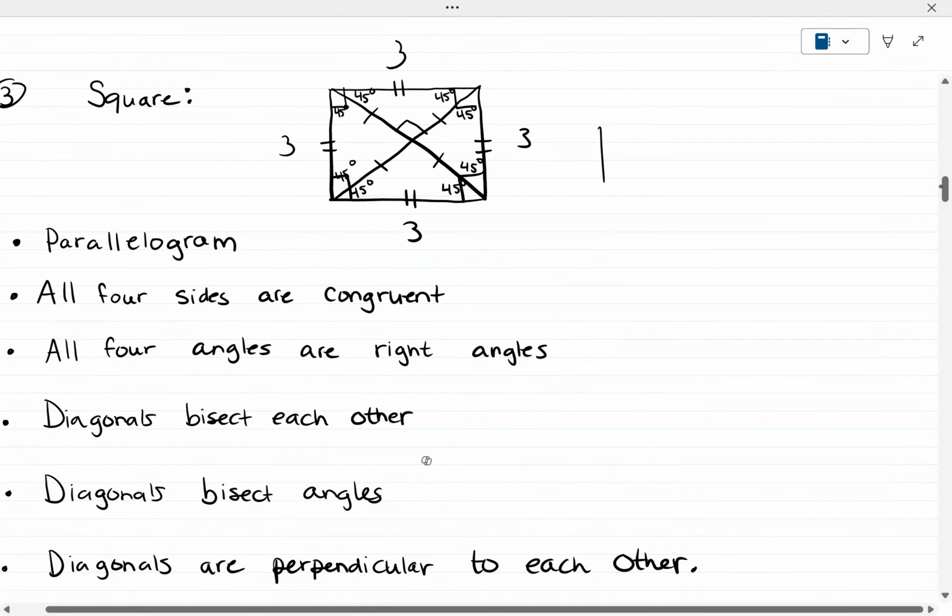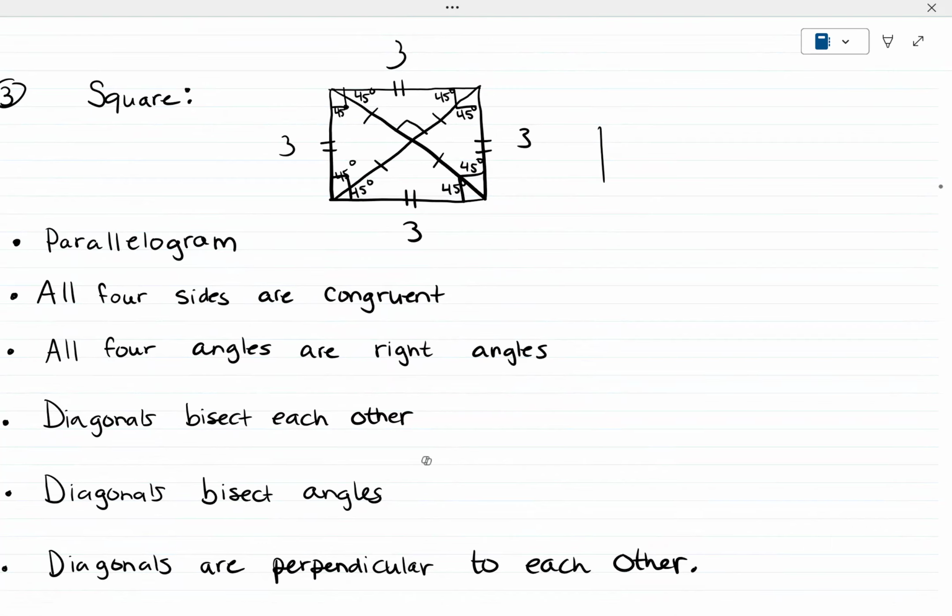What other shape has diagonals that are all the same? That would be a rectangle. So if you look at the image, a square is a mixture of a rectangle and a rhombus. In a square, the diagonals are the same length, and they form 90 degrees.